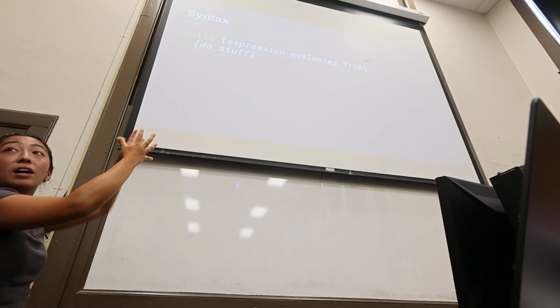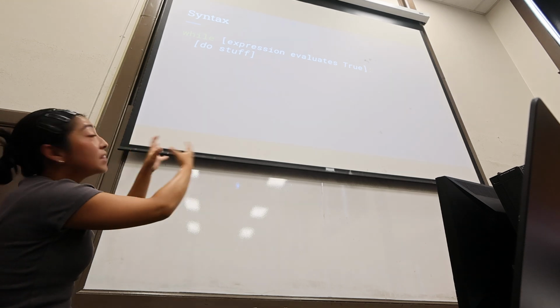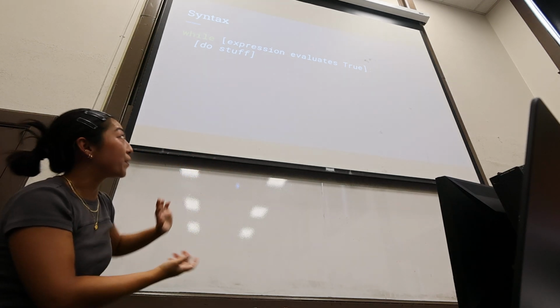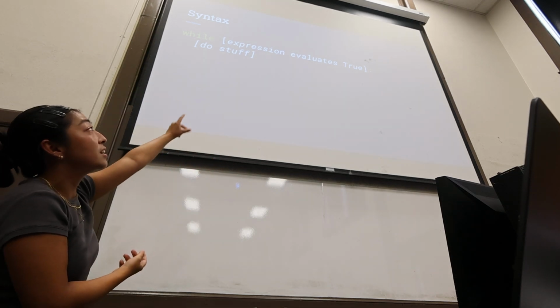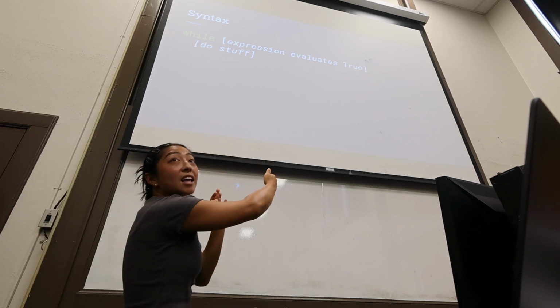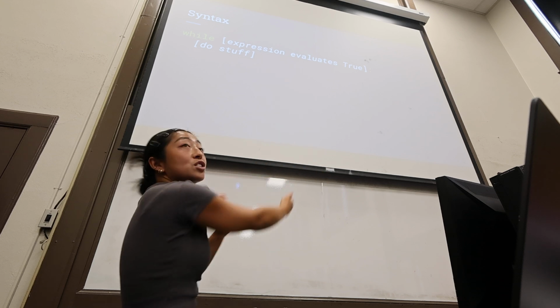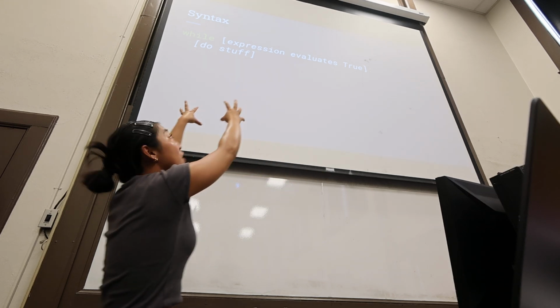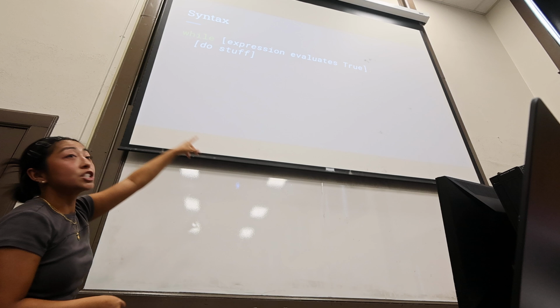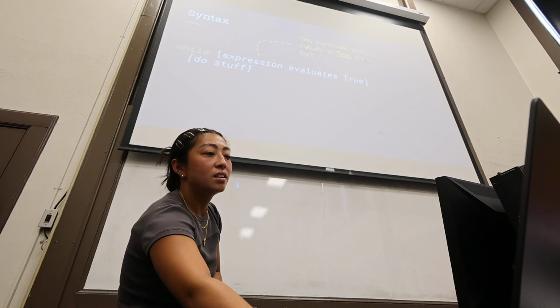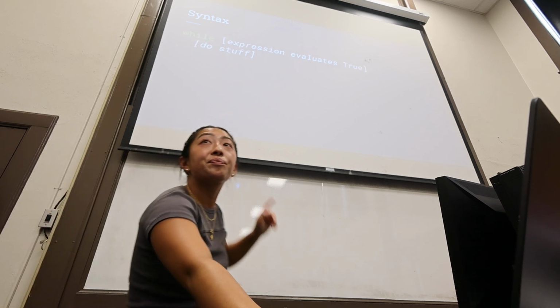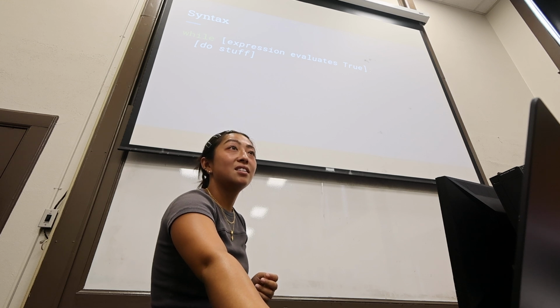So while, again, some condition that should evaluate to true for you to run this code that you're telling it to. And then end that with a colon. So again, you're telling the computer that the condition's done, you're going to start this code block that will run when this condition is true. Okay, questions on this? Make sense?